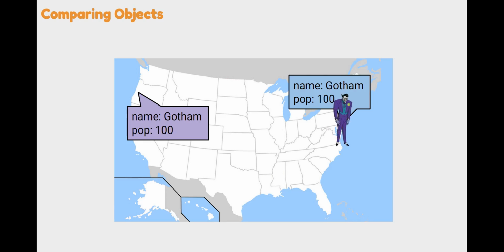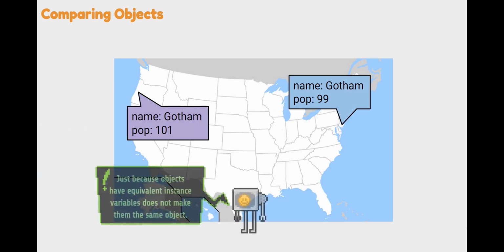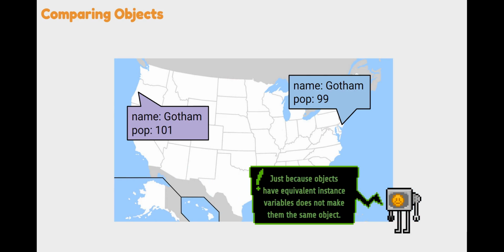If a person decided to leave the East Gotham and move to the West Gotham, then the populations would change. The East Gotham's population would decrease to 99, while the West Gotham's population would increase to 101. And then it's a little bit clearer that these are different cities. So just because objects have equivalent instance variables does not make them the same object.